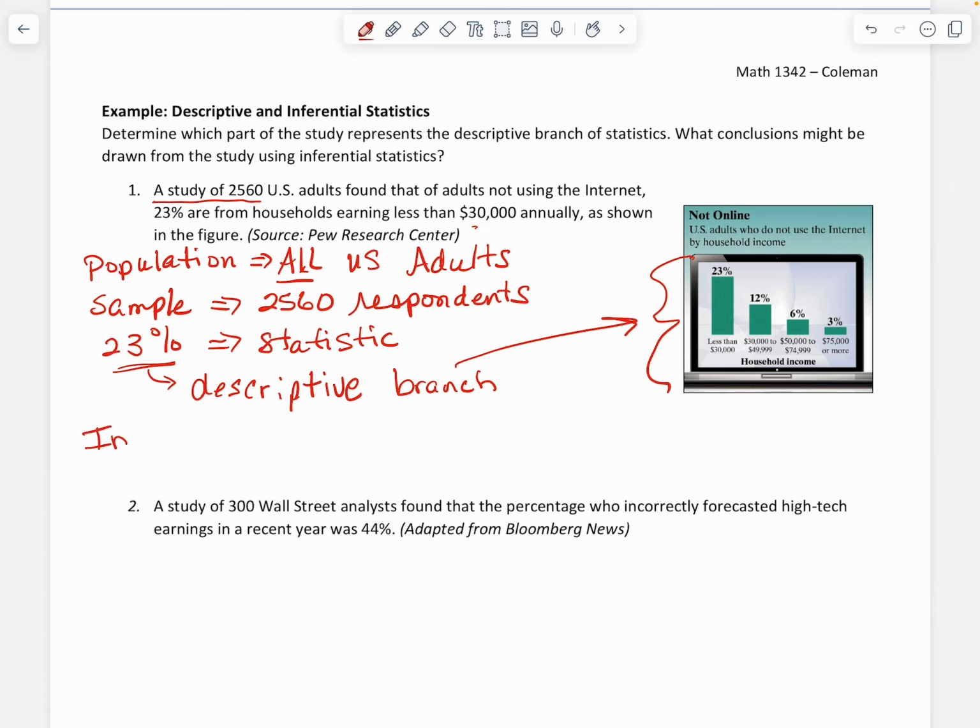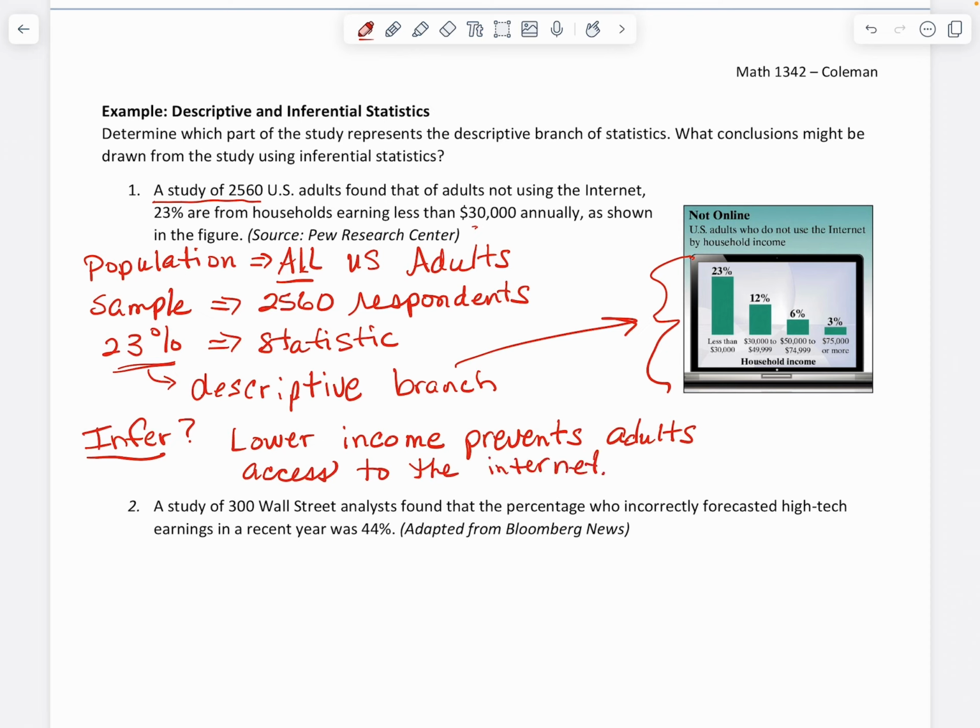So what might you infer? You might say that lower income prevents adults access to the internet.